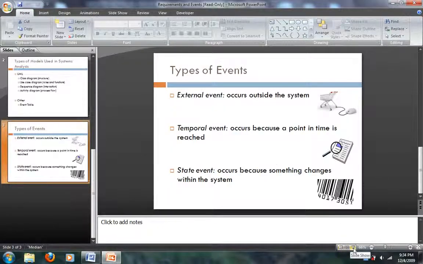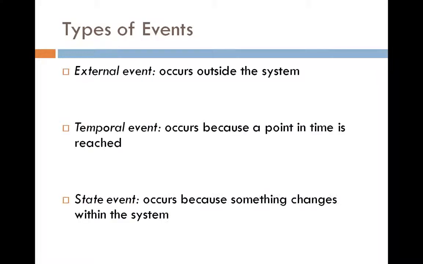Now let's go back to our table and take a look at temporal events. Now remember, temporal events occur because a point in time is reached. So in the case of this retail store, many times retail managers need sales reports to know how their inventory is being managed and how they can make strategic decisions to better help their business.